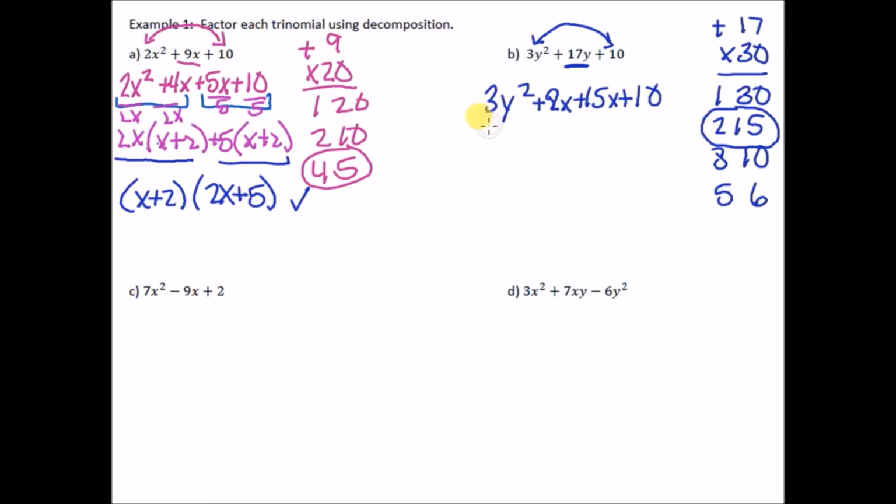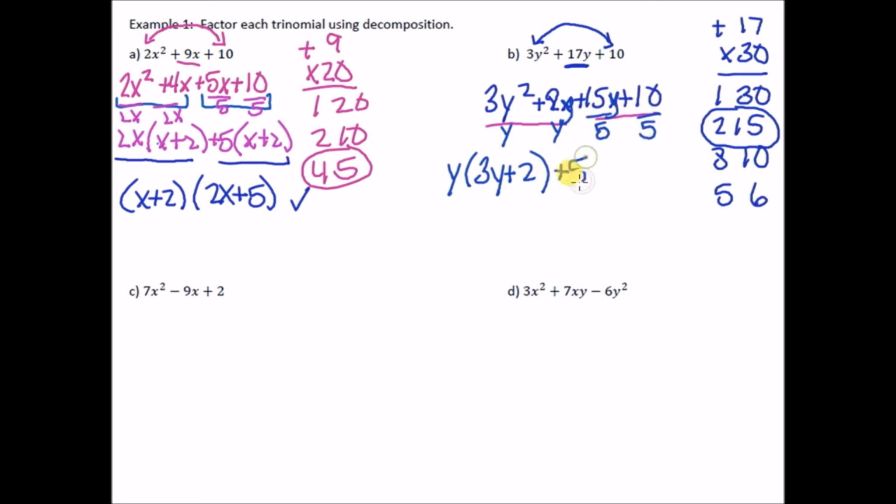Now we factor by grouping. I said x, I mean y. These are y's. Okay, out of the first two terms, we can only pull out a y. So formally, we're dividing by y. So we're going to have y bracket 3y plus 2. Out of the second two terms, we can factor out a 5.